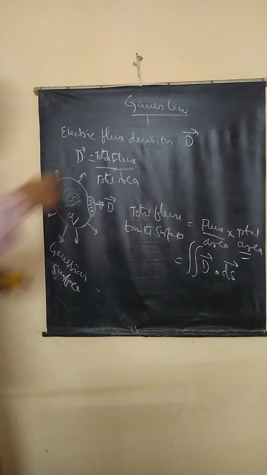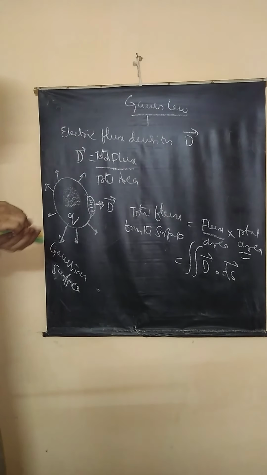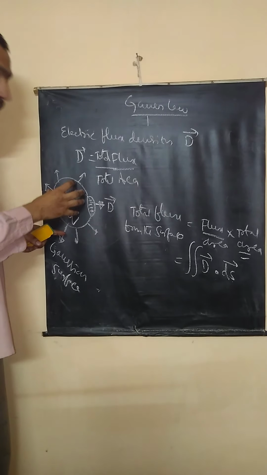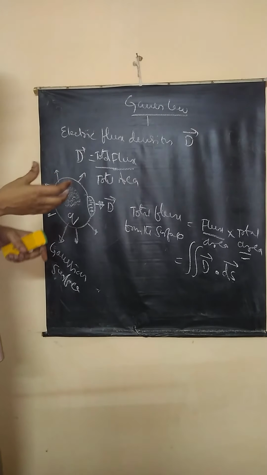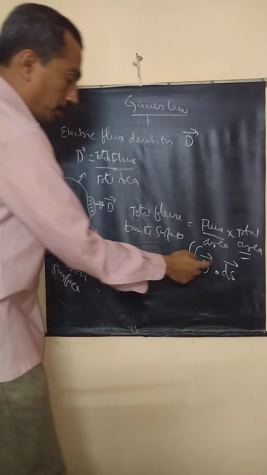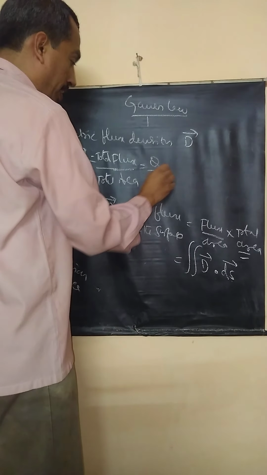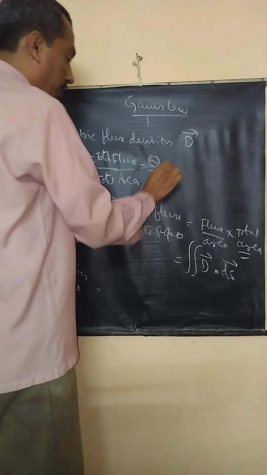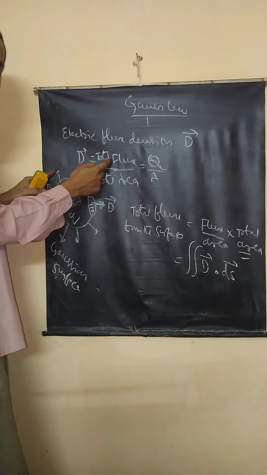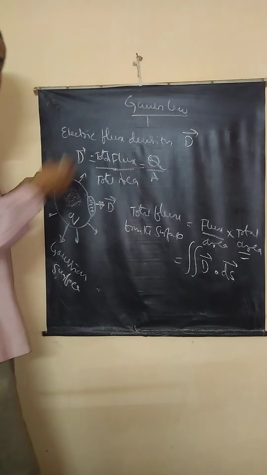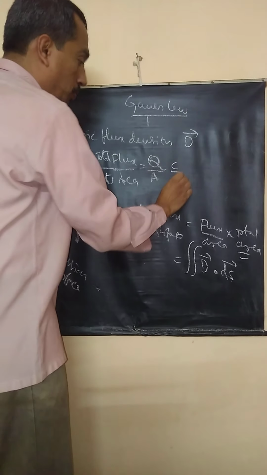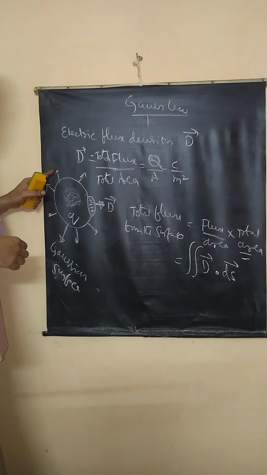So electric flux density represents field lines coming out of a charge distribution per unit area. Total flux is equal to total charge. This is from Faraday's law: total flux is equal to total charge enclosed. So its unit is coulomb per meter square.